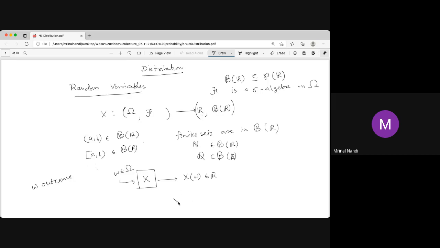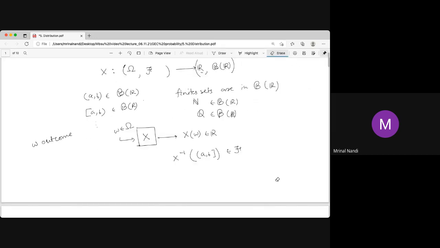Such that, as we said in the last class, the X inverse of all sorts of Borel sets, open, semi-open, semi-closed, everything (for example I write half open, half closed, but it may be anything, both sides open, both sides closed) must be an event. It must be an element of the sigma algebra, and this sigma algebra is known in probability as the event space. So any Borel set or any known set, the inverse image must be an event.